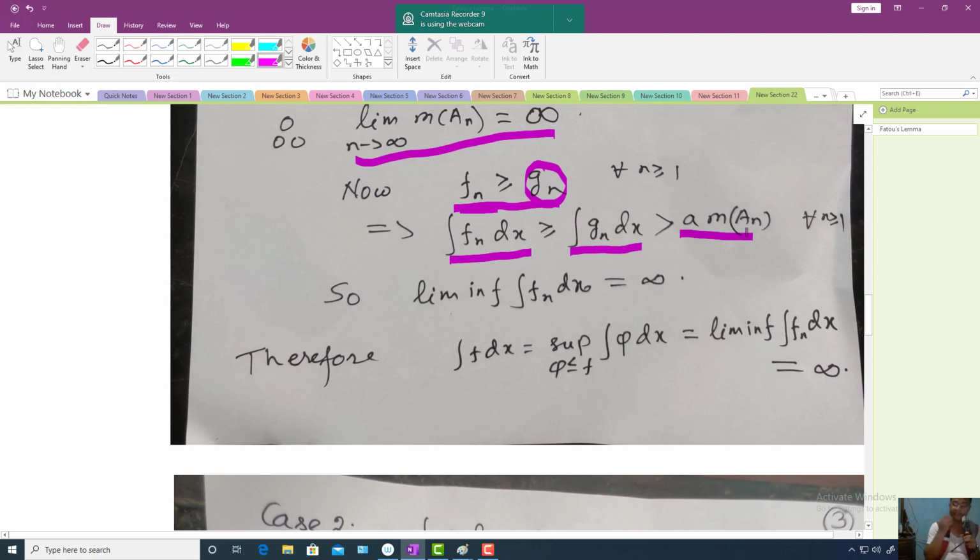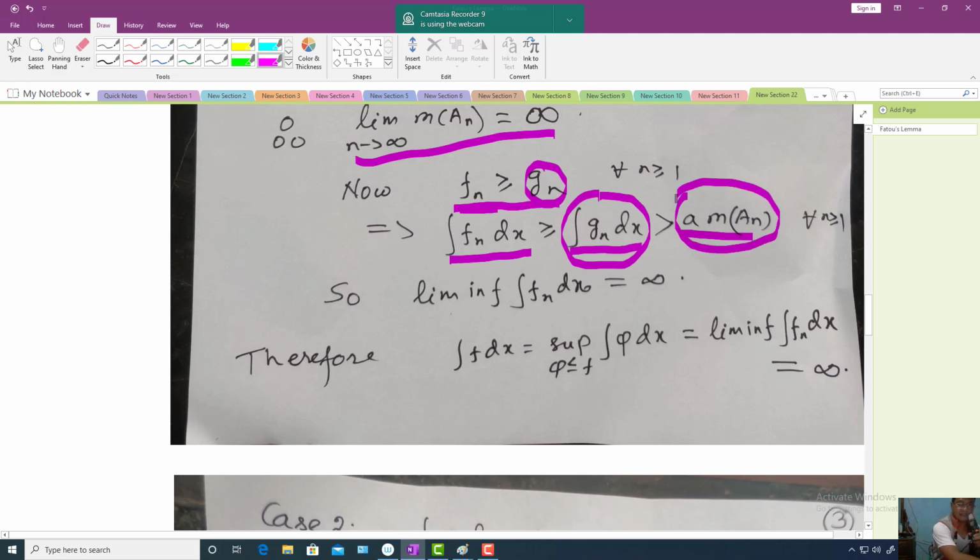This is quite obvious, because g_n(x) is greater than a on the set A_n. So its integration is going to be greater than this one.